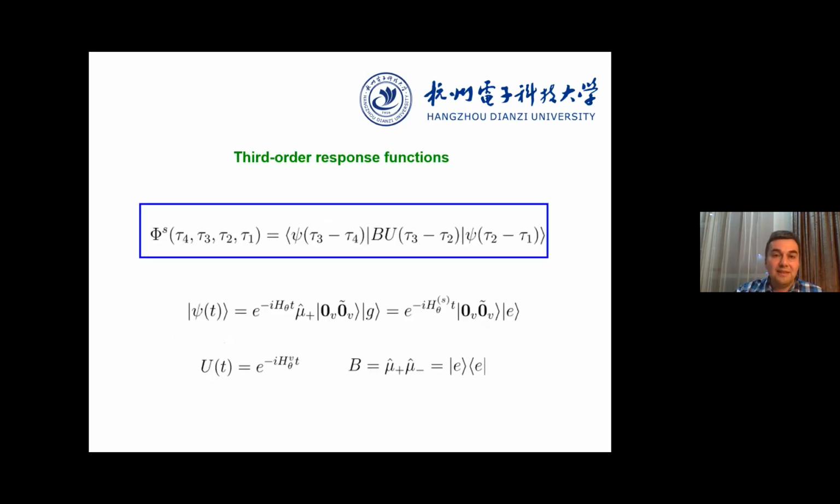And what is important is that this method can also be applied to the calculation of nonlinear response functions. This is just a cartoon expression for the third-order nonlinear response functions. Basically, what you need to know is just this propagator with this thermofield dynamics Hamiltonian acting on the ground state of your system.